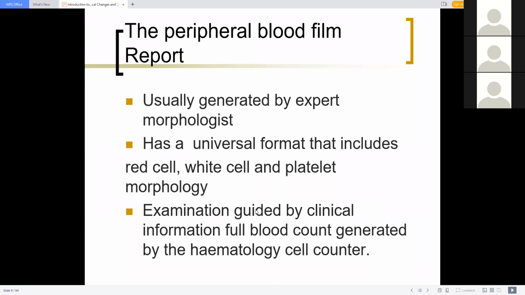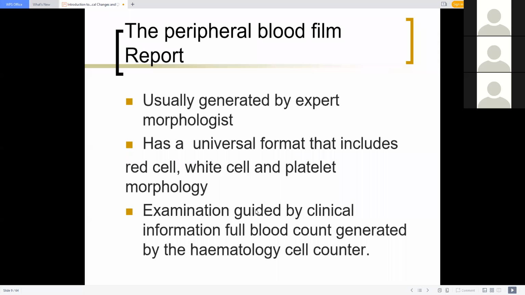Usually the report is a standard format report that describes the components of the peripheral blood film, which are the cells and the various types of white cells. But for this lecture, we are only talking about red cells, because the lectures on white cells come after a set of lectures on red cells.